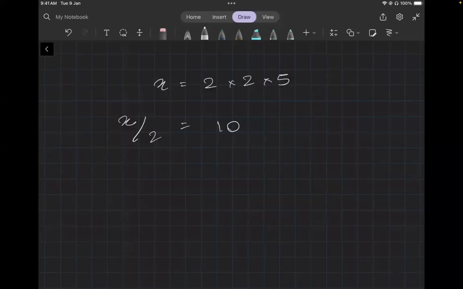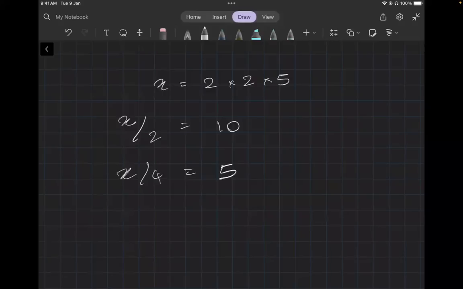And the second largest factor, is it x divided by 5 or x divided by 4? It's x divided by 4, right? So it is 20 divided by 4, which is 5.